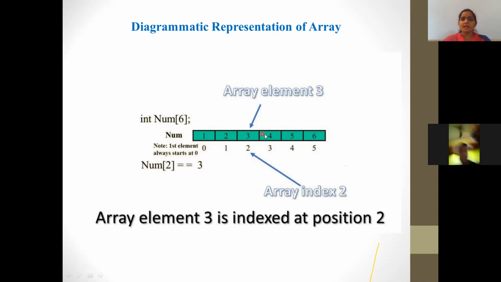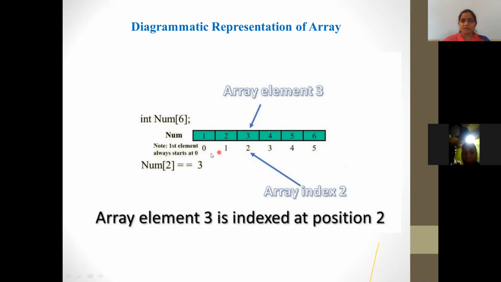These are called the values, and just below the rectangle 0 1 2 3 4 and 5 are called the array indexes. Suppose I want to refer to the third element of the array, the element value is 3 and the array index is 2.